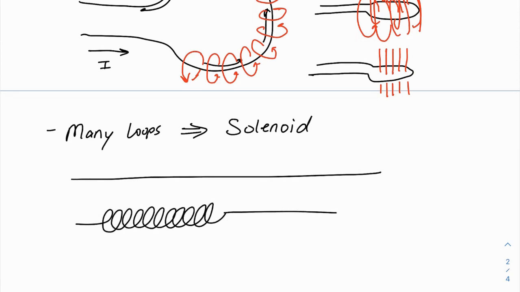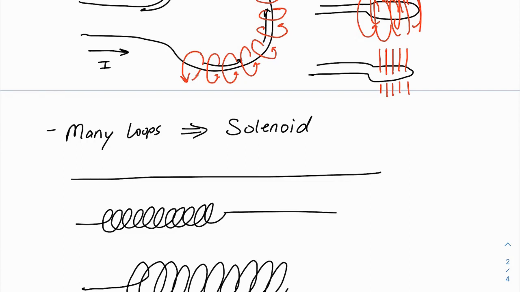I take that huge length and compress it into a smaller physical space by having lots and lots of loops. And remember that each loop has a magnetic field that's going inside, right? This is a terrible drawing.